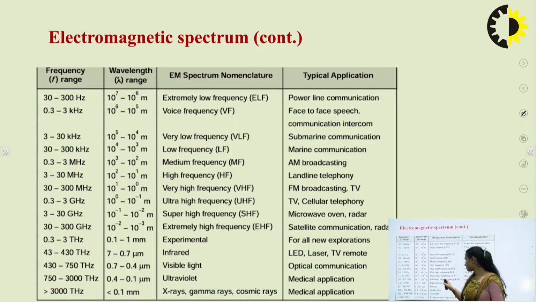If you talk about extremely high frequency, its frequency range varies from 30 to 300 gigahertz, and these are basically used for satellite communication. So here we can see for such important applications these are used, like AM broadcasting we use medium frequency, landline telephony we use high frequency, for FM broadcasting and TV we use very high and ultra high frequency, and for satellite communication, as I earlier said, it's extremely high frequency. Right?